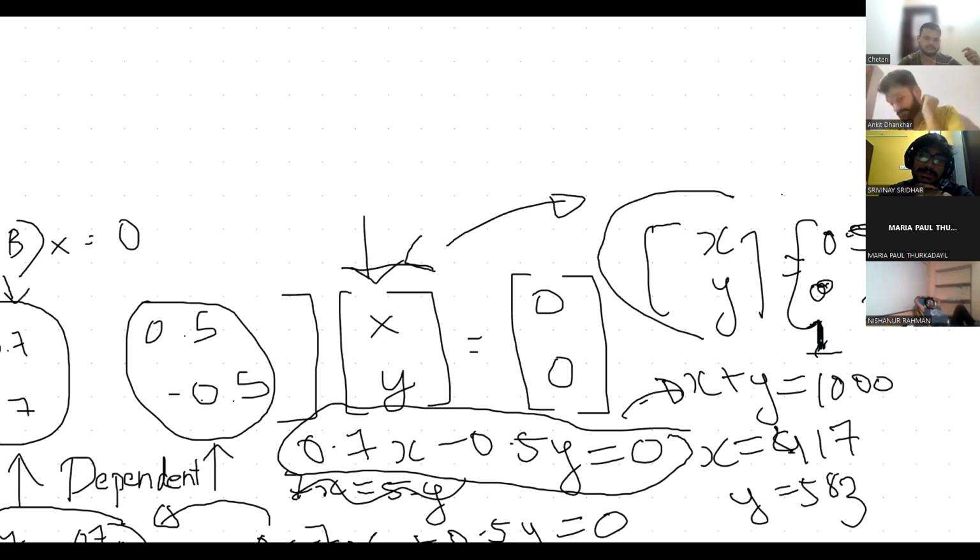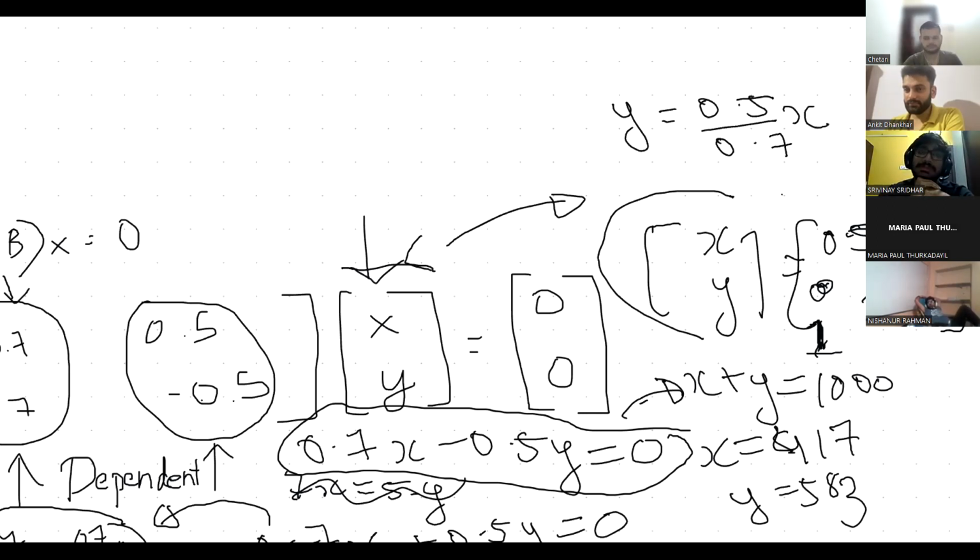Last time also I got stuck here. This is actually y = 0.5 by 0.7 x, which is the line, the null space, right? You're asking how he found that function out, how we actually got to this?